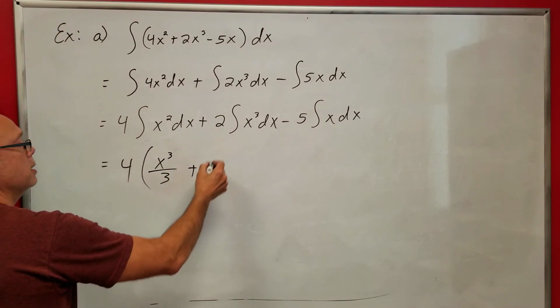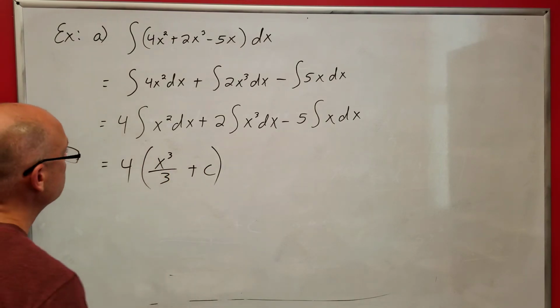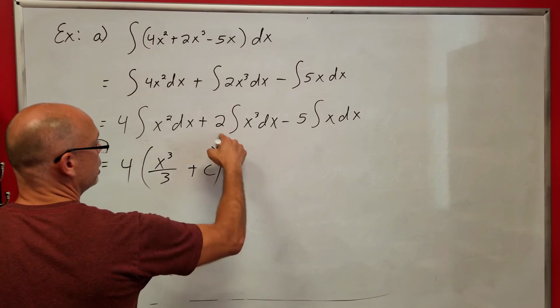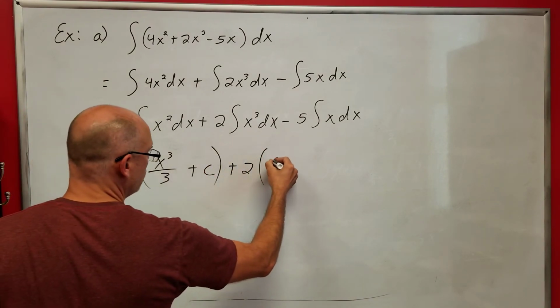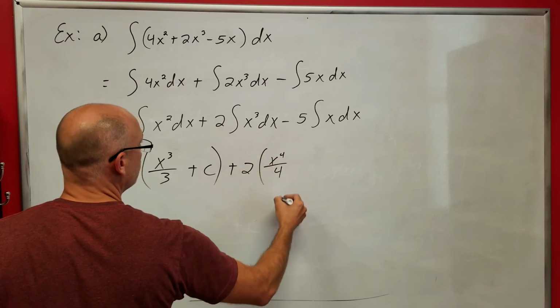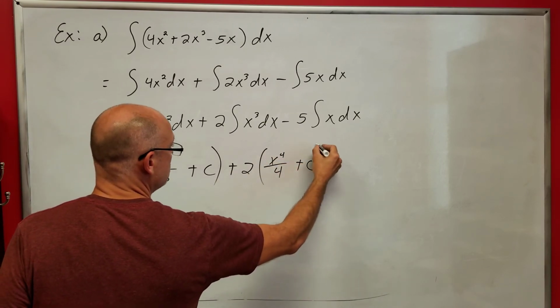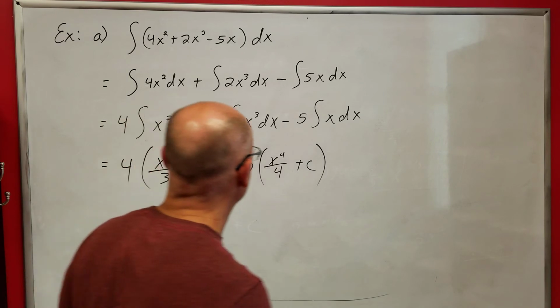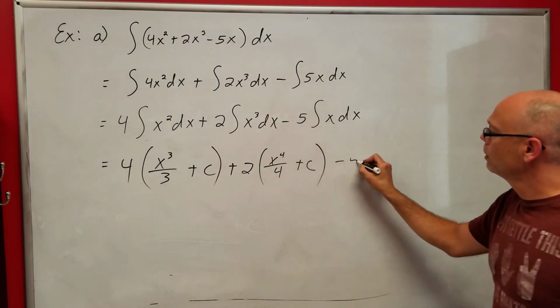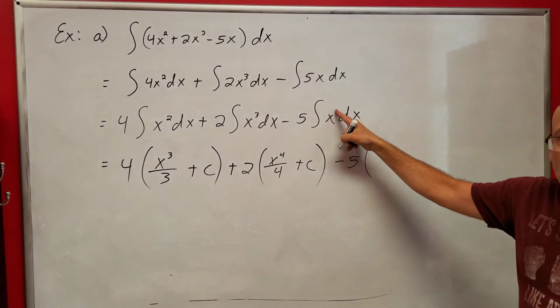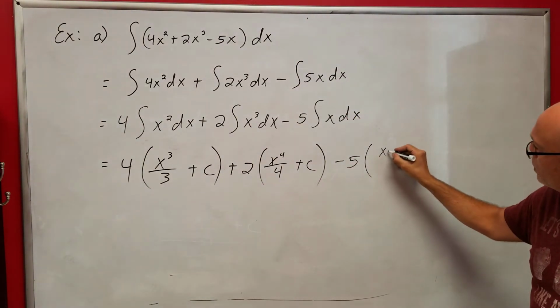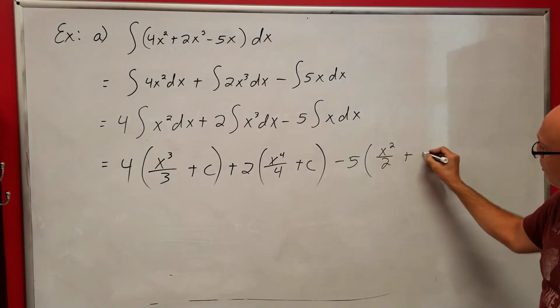Plus, bring down your 2. Now take the integral of this part. That's x to the fourth over 4 plus c, right? Minus 5 times, let's take an antiderivative here of x. That'll be x squared over 2 plus c.